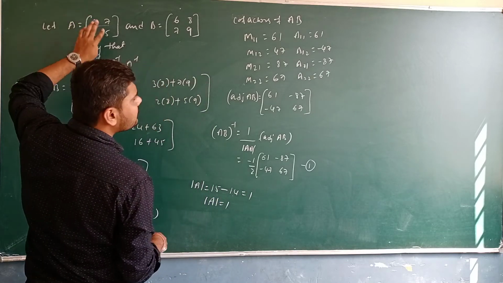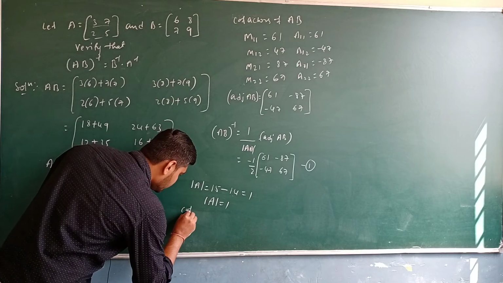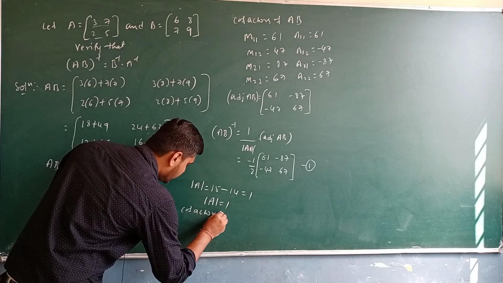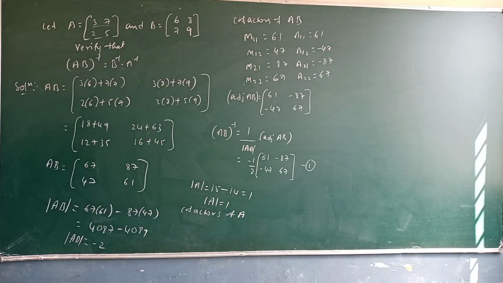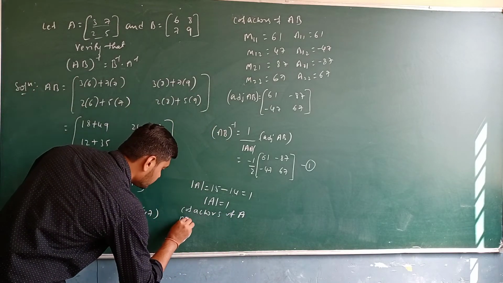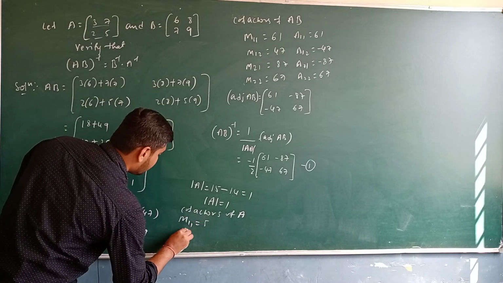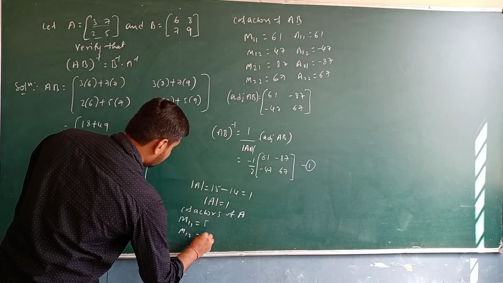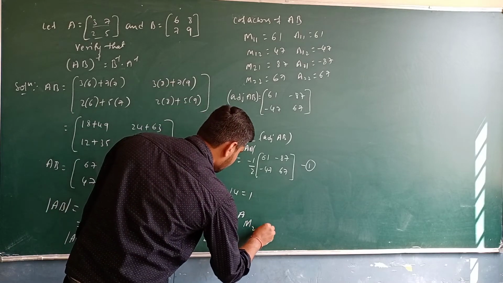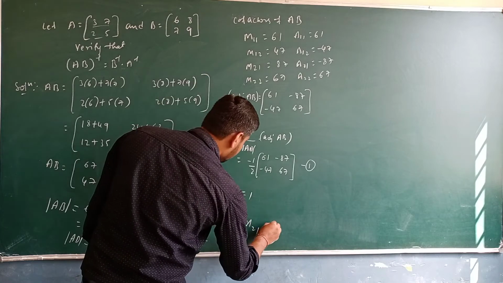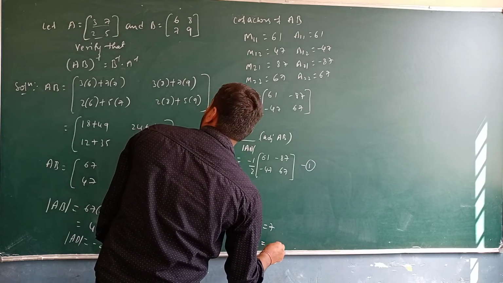So we need to find the cofactors of A. Cofactors of A is equal to, so M11 is equal to 5. Then M12 is equal to 2. Then M21 is equal to 7. So then M22 is equal to 3.